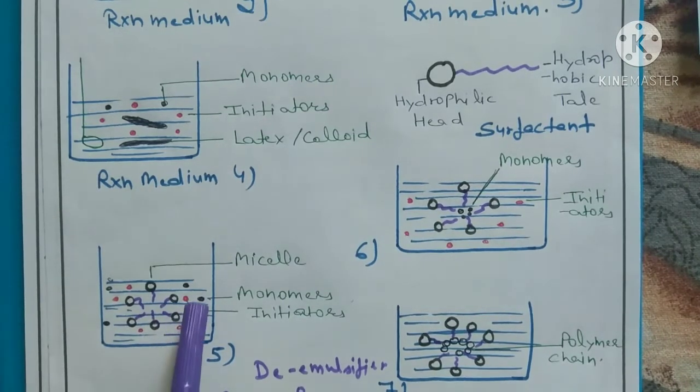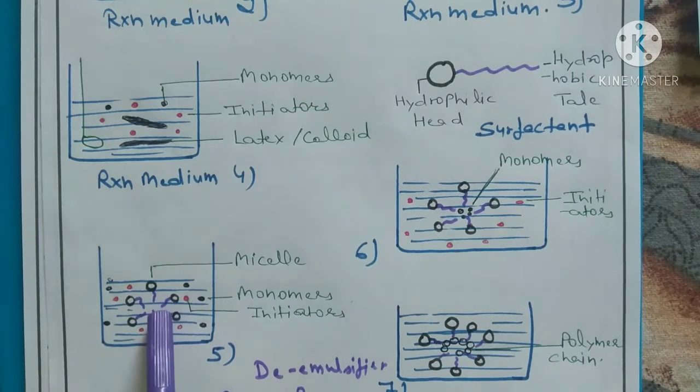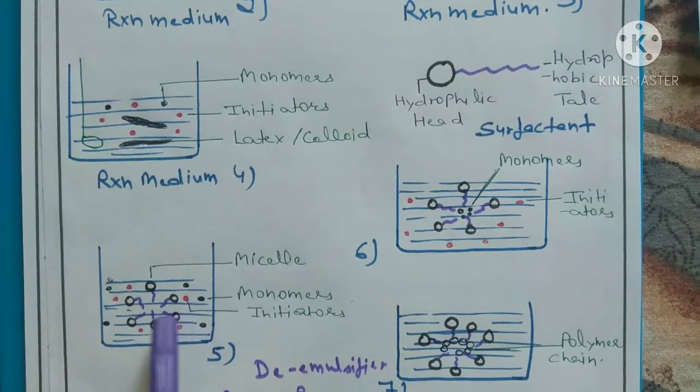These surfactants have hydrophobic tails which are water hating, so the hydrophilic heads face towards the water as they are water loving, and the hydrophobic tails face towards themselves as they are water hating.